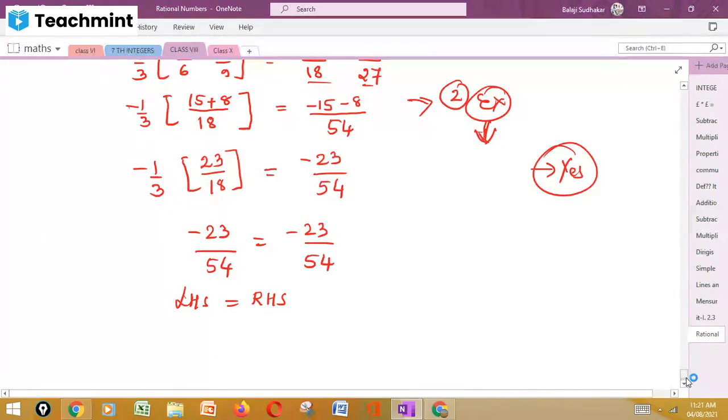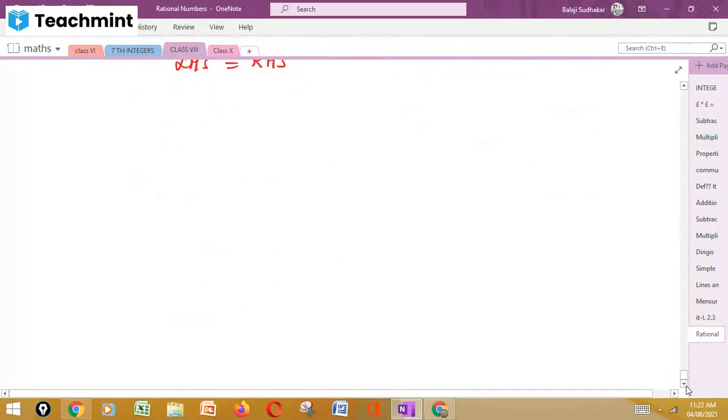What will be the answer? Now, you know the properties. The first one is closure property, the second one is commutative property, the third one is associative property, and the last one is distributive property.